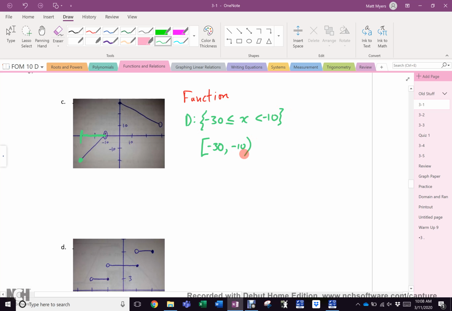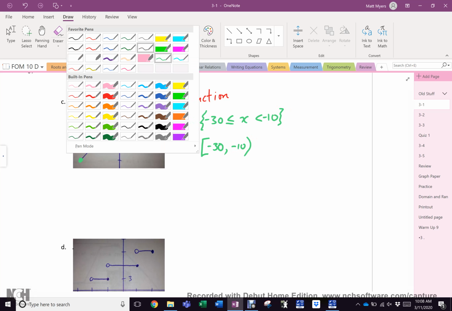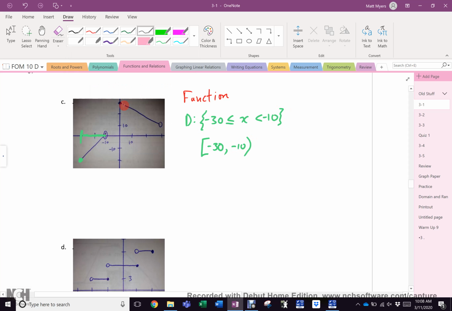Is everybody good? Now, if none of this were here, would we be done? We'd be done with the domain, wouldn't we? Because those are the only x values we have. But all of this is here, isn't it? So the domain starts again right there. What's that value? 0.